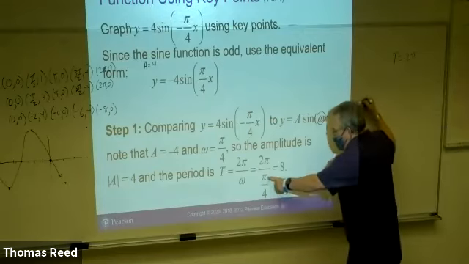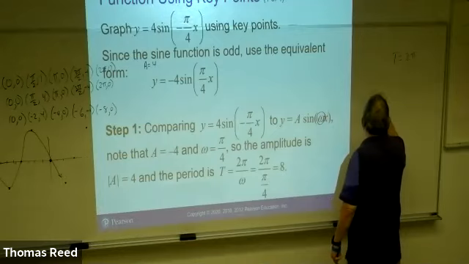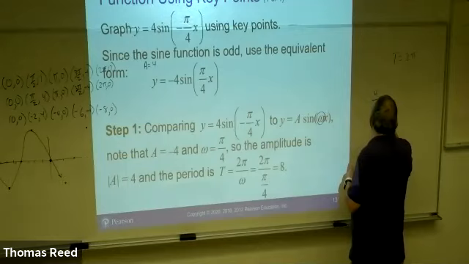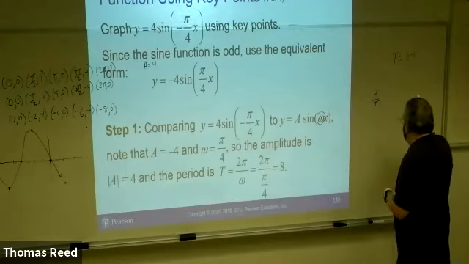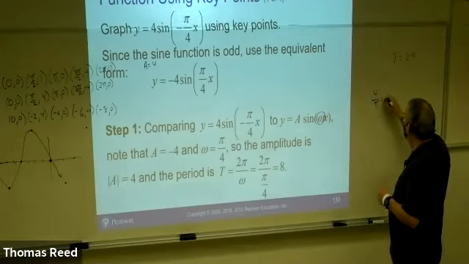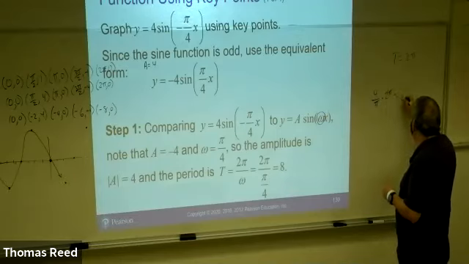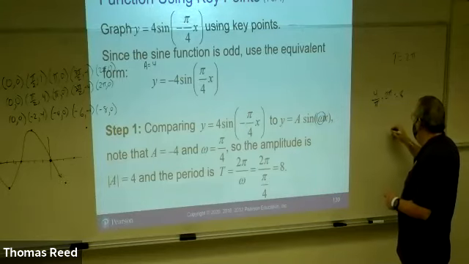So dividing by pi/4 is the same thing as multiplying by 4/pi. So multiplying 4/pi times 2π, we get the same thing, which is 8.